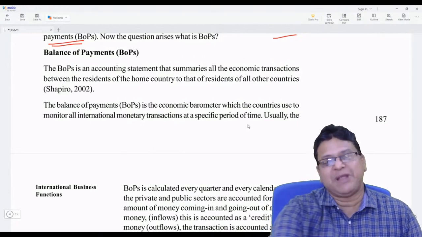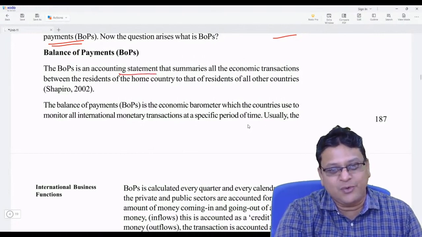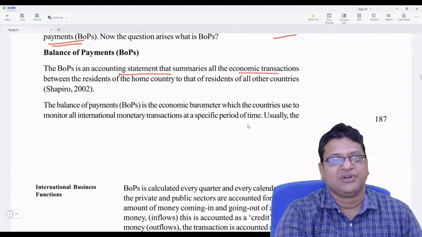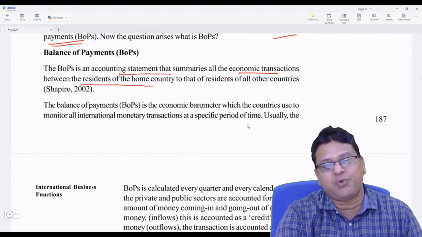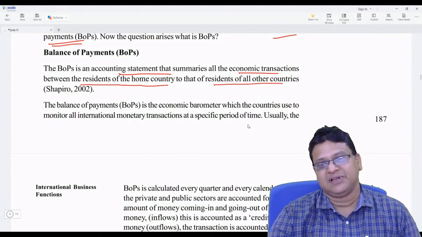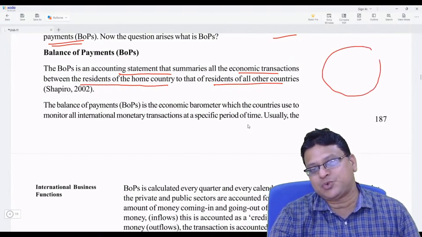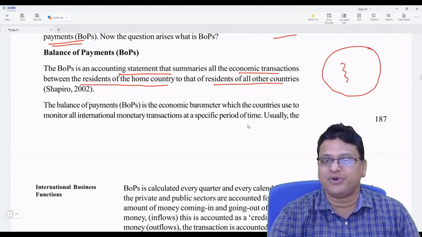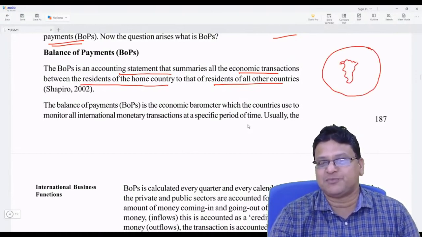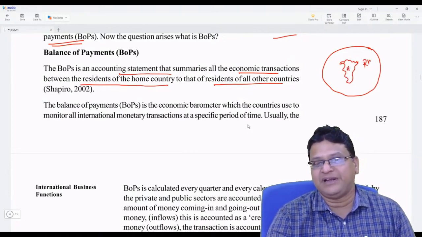BOP is a statement. It summarizes all the economic transactions between the residents of the home country and the residents of all other countries. For BOP, the entire world is divided into two parts: one is the home country, another is the rest of the world.